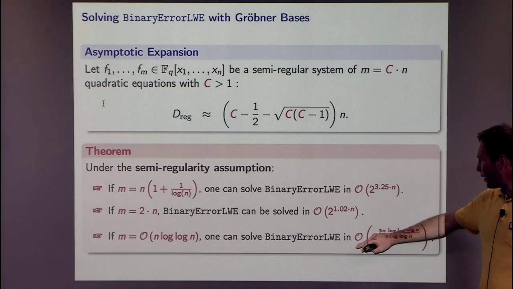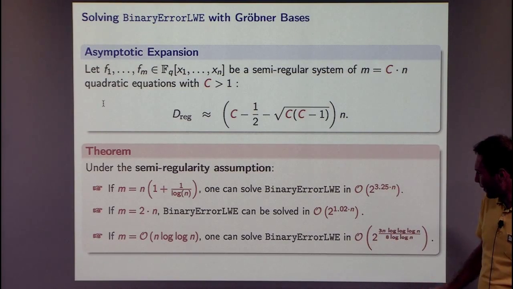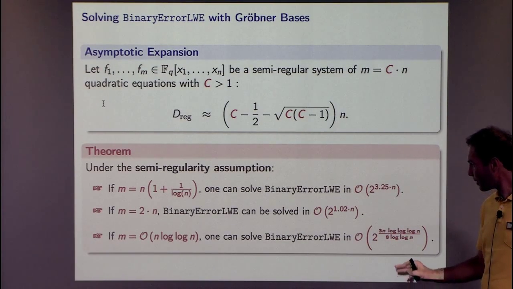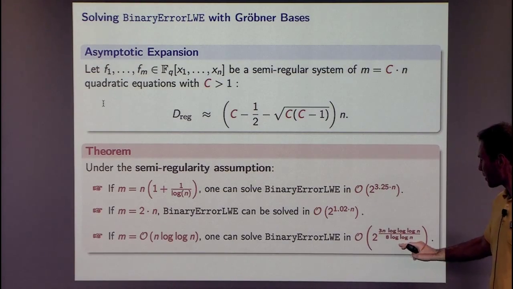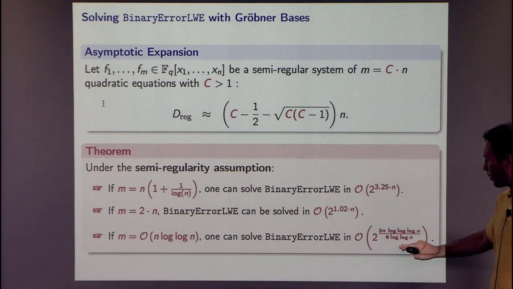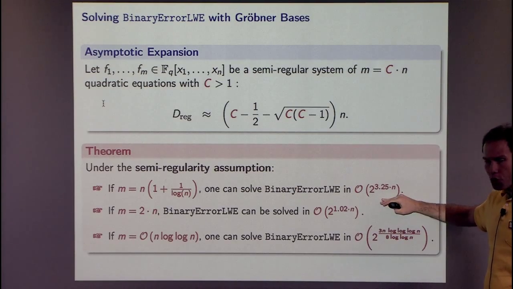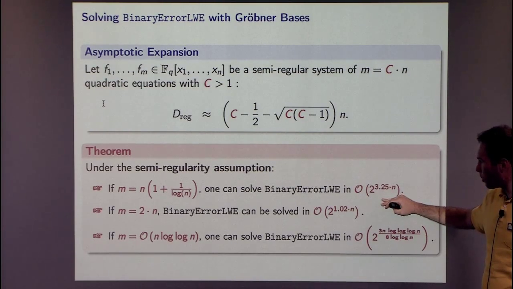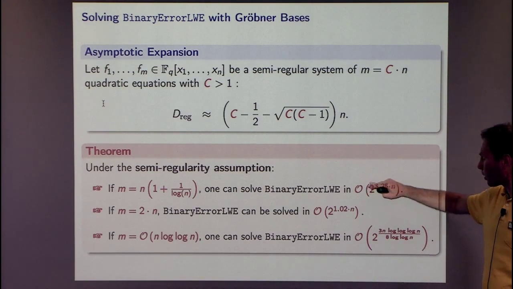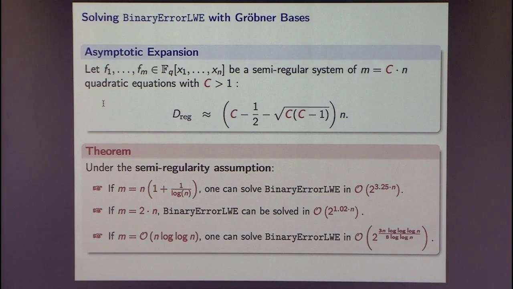So if m is slightly bigger than O of n log n, then it is sub-exponential. But it remains exponential for 2n and for what was advised in the security proof. It remains exponential, this approach, but after it decreases with the number of samples.